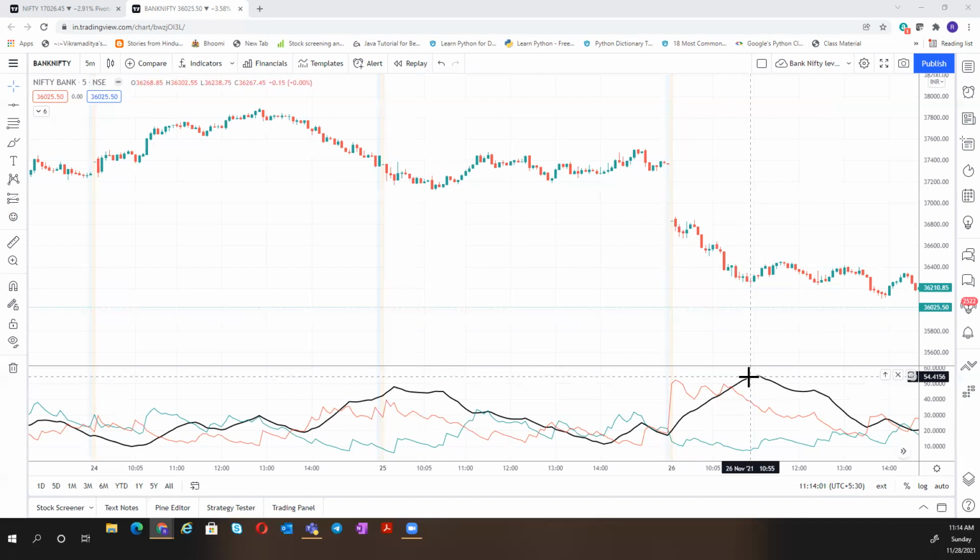The catch here is this red line measures the selling strength, how strong the selling pressure is. And similarly, the green line I have marked measures the buying strength. So when does this DMI generate a trading signal?